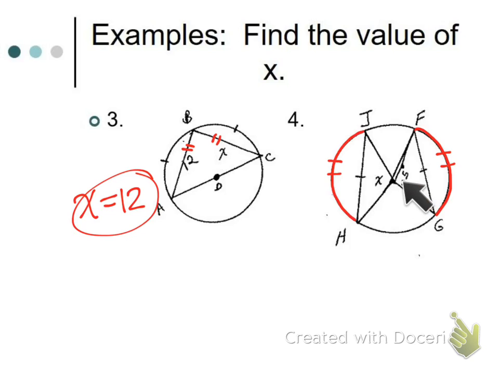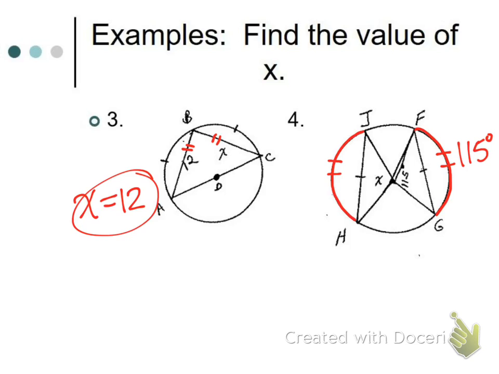Now, what is the measure of arc FG? What does that say? What's the number? 115? Oh, it's sideways. If you look at it sideways, can you see it? It's a 115. So that's the measure of this arc, 115 degrees.